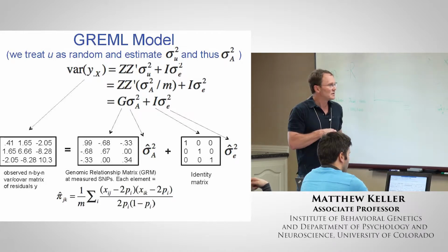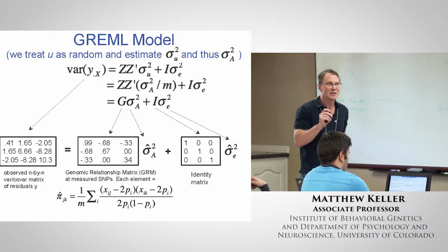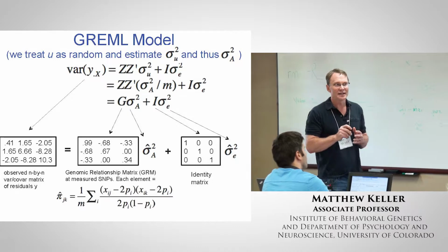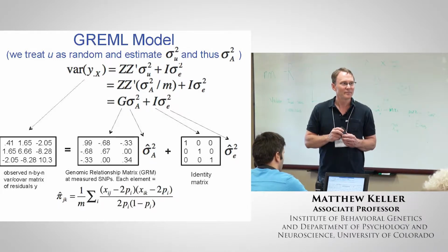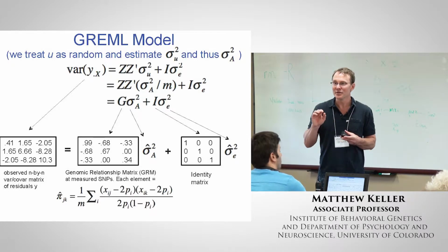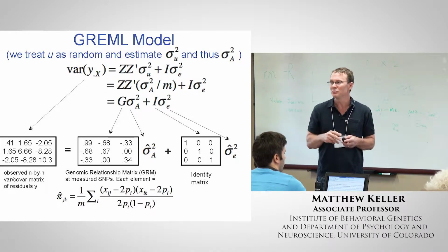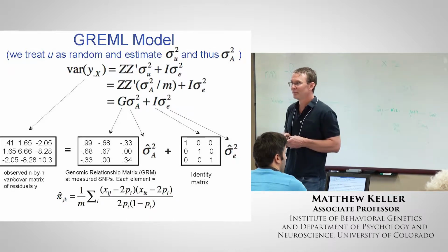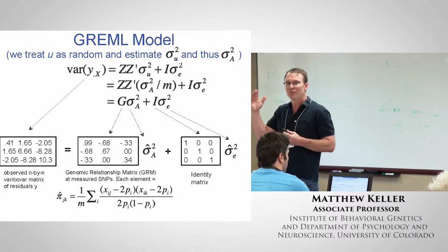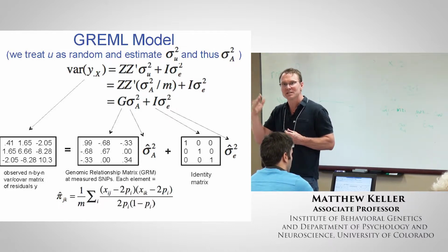So the way to interpret these off diagonals is the average correlation across all the SNPs of people's genetic scores. How correlated are people on average across all the SNPs between two people, for all pairs of people in the sample? As that number goes up, what that's telling you is people are more similar to each other.